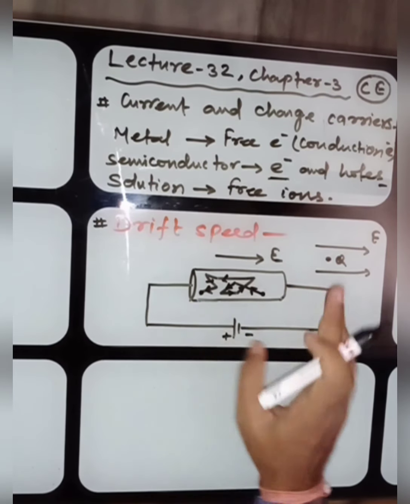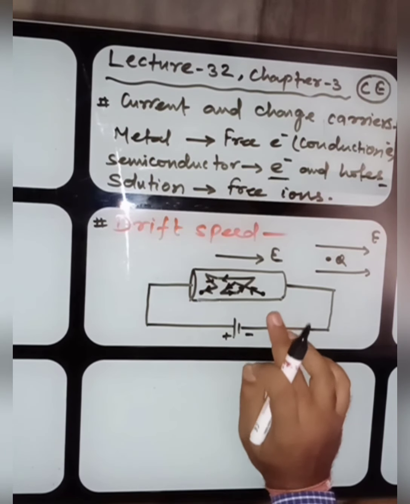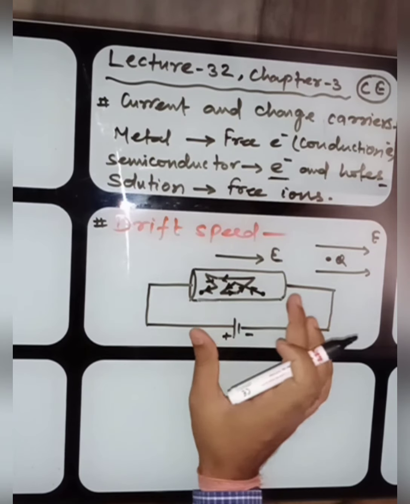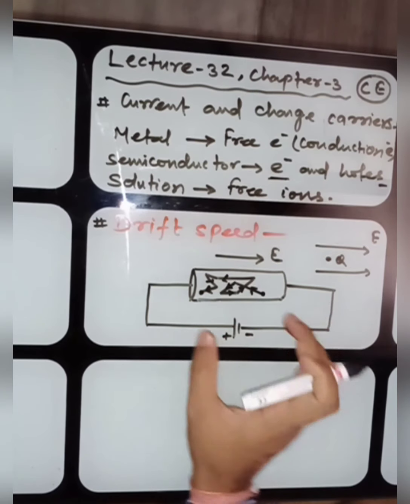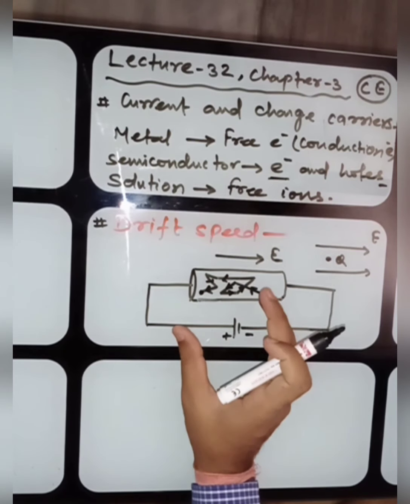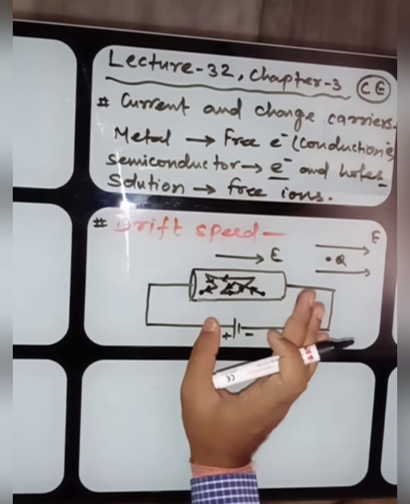You can write the definition of this drift speed, my dear students. Actually, the electron moves randomly within the conductor and collides with different electrons. So the definition you can write: under an applied electric field, electrons move along the conductor and collide with different electrons.